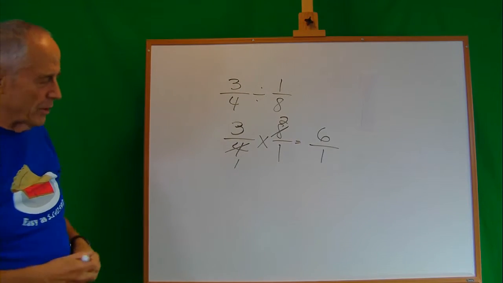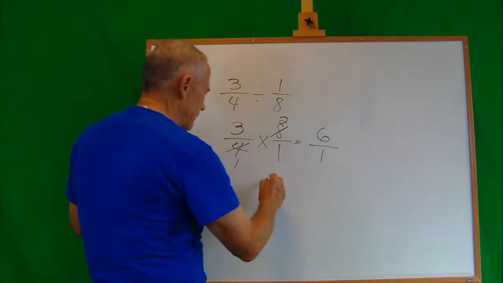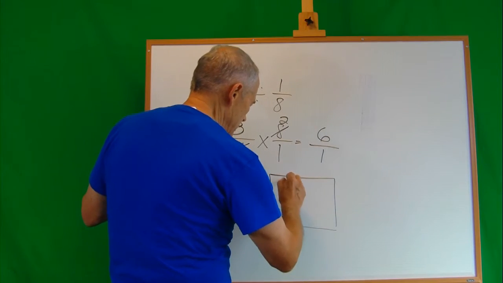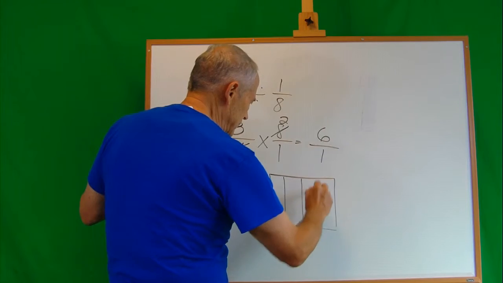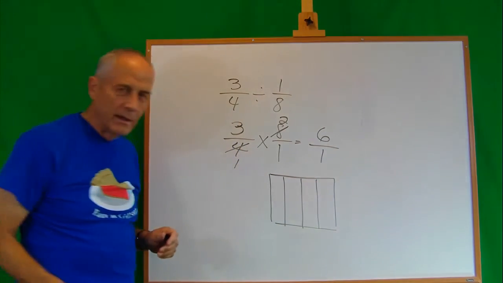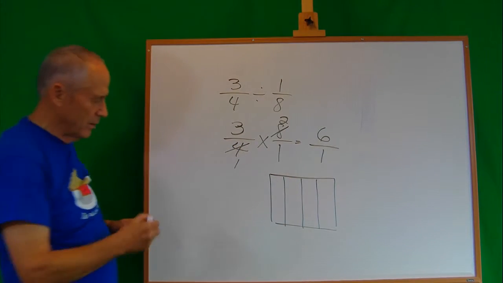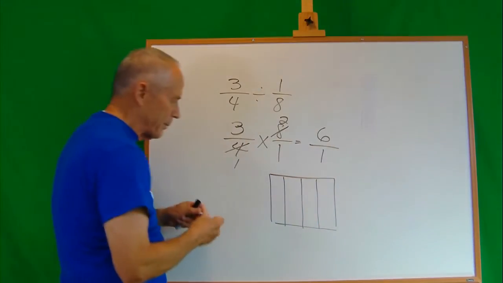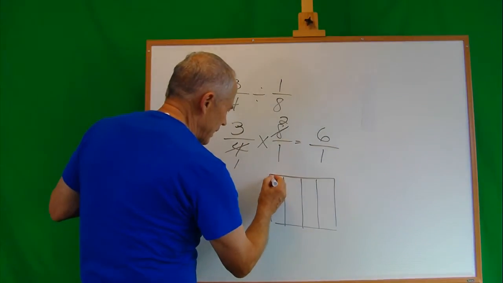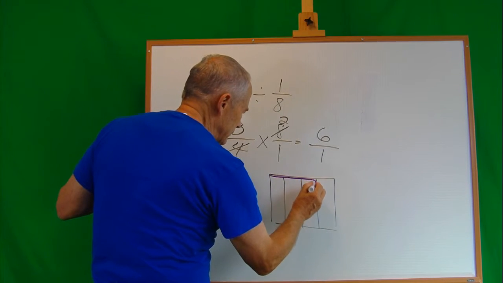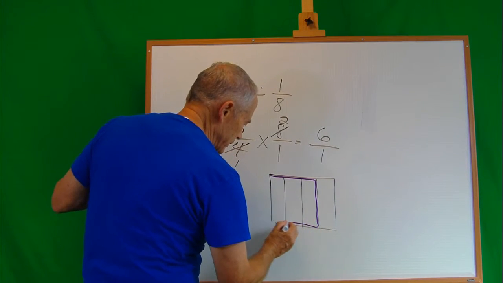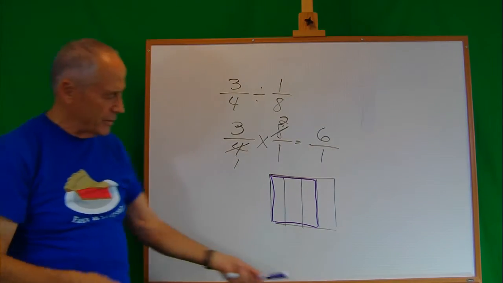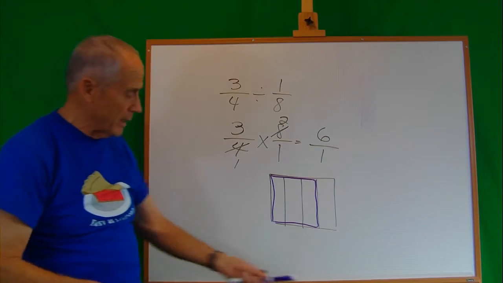Let's do a visual on that, see if we can see it. First of all, we'll get our 3/4. 1, 2, 3, 4. Okay. 3/4 will be this part here, surrounded by purple. I hope the camera does color so you can see that. Not very straight, but can you see that the purple part is 3/4?